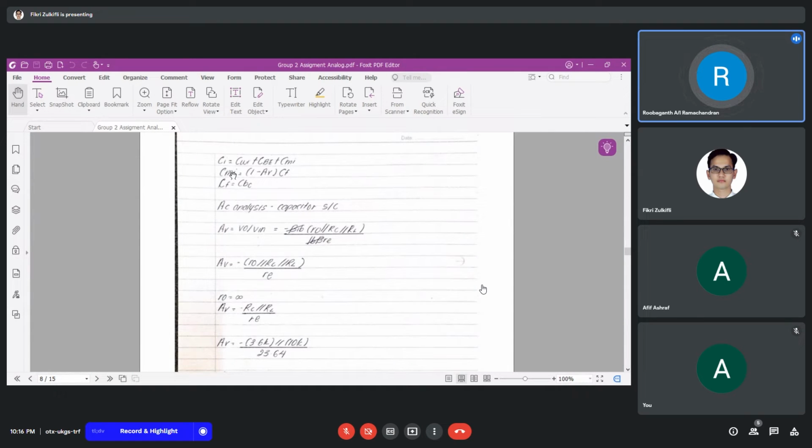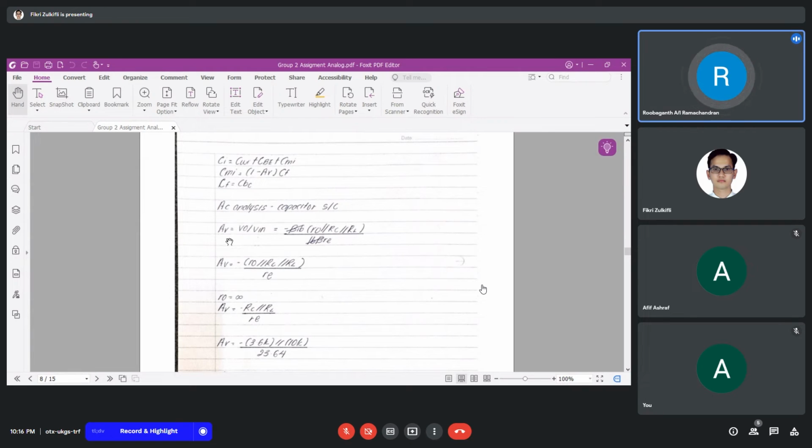By using the equation Ci equals Cwi plus Cbe plus Cmi, we want to find the voltage gain. So CMI equals 1 minus AV times CF. The CF will be considered as CBC, where in AC analysis the capacitor will be short circuit.